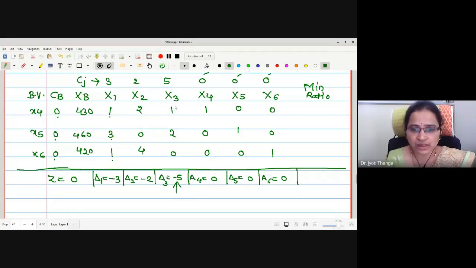Now look at the entries of the x3 column: 1, 2, 0. Once I identify the entering column, we have to identify the outgoing row. How should I calculate the ratio?